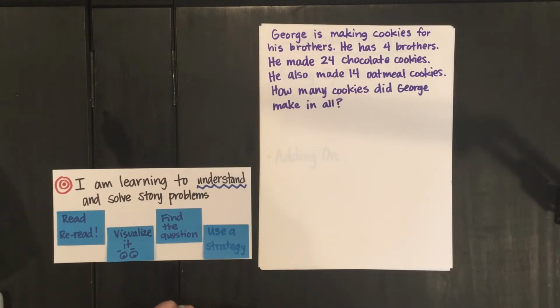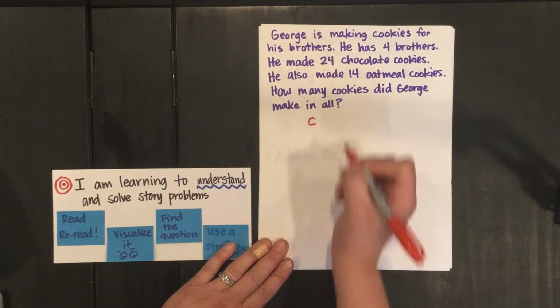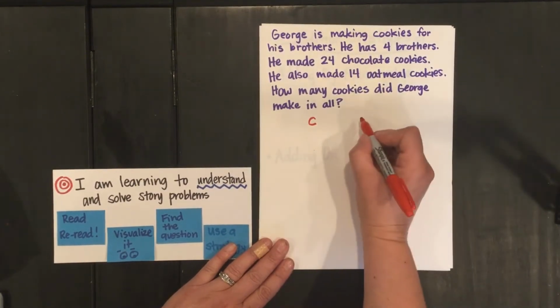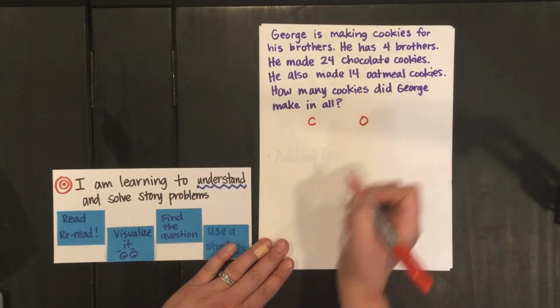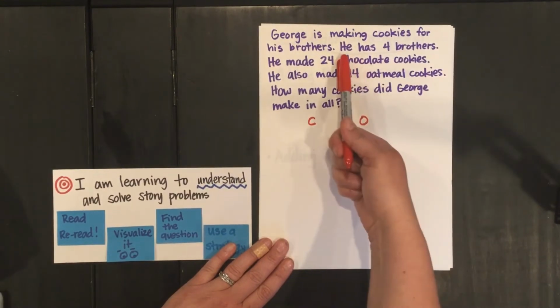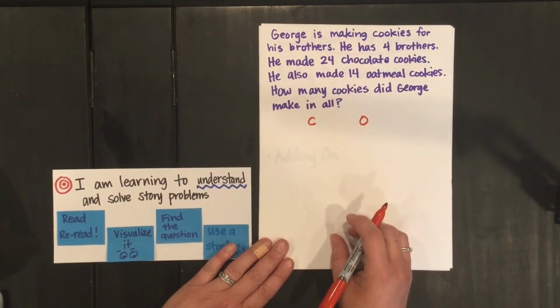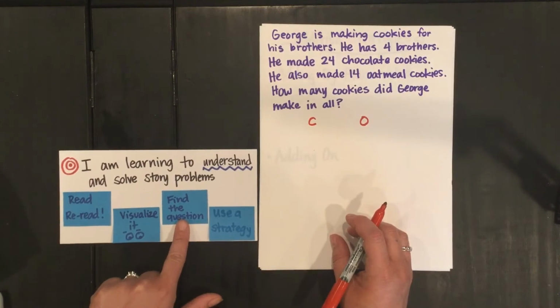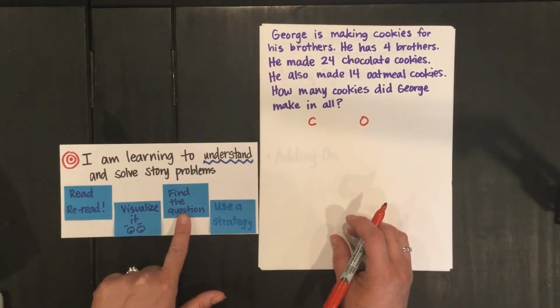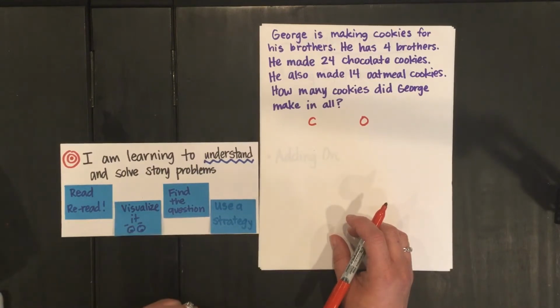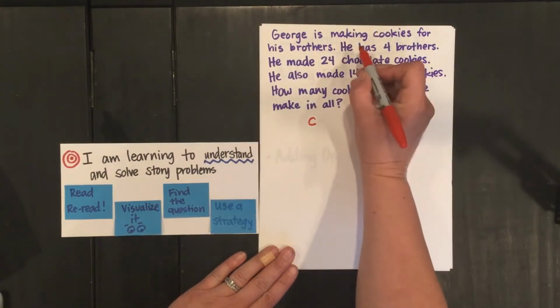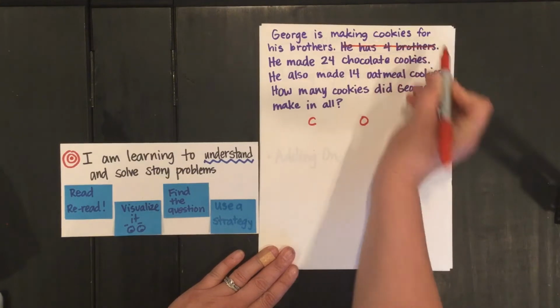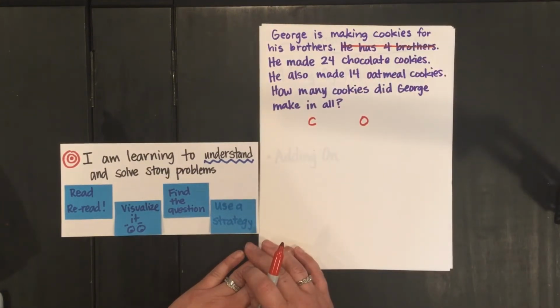Now, when I'm visualizing this story, I'm thinking that he has some chocolate cookies, and he has some oatmeal cookies, and I also know that he has 4 brothers. But I'm wondering, when I find the question, if how many brothers he has is really important, or is that just extra information? I don't think I need this fact to solve the problem, so I'm going to cross it off.